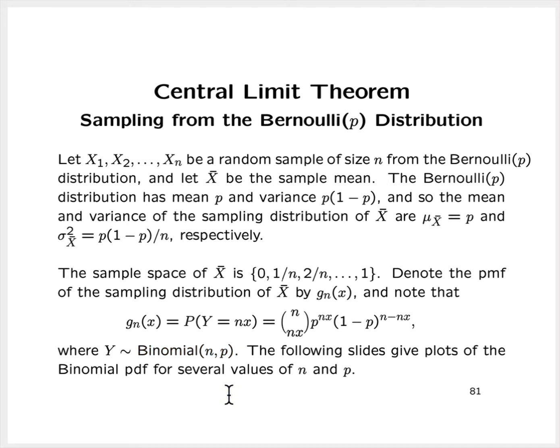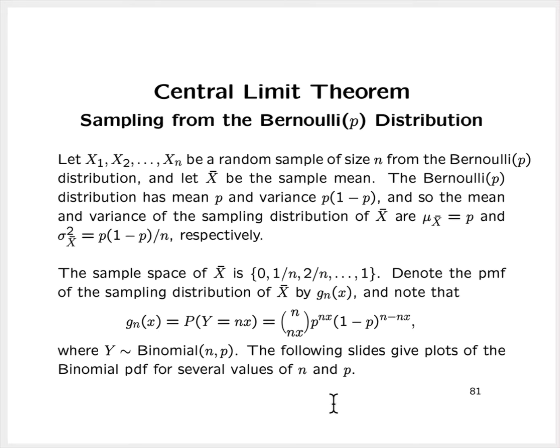And so on the following slides, I have plots of binomial distributions for several values of n, the number of trials, and p, the success probability. Let's take a look at these distributions, and in particular at their shape: whether they are symmetric or skewed, and if they're skewed, which direction they're skewed, and to what extent.